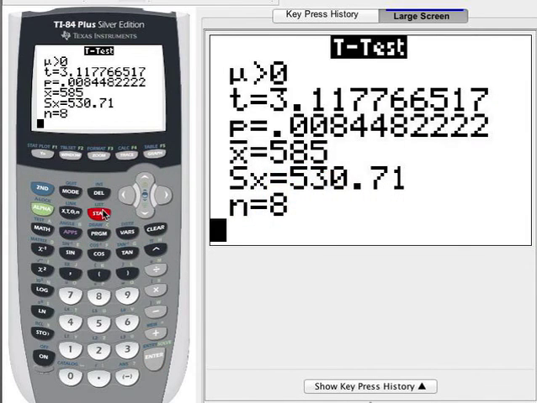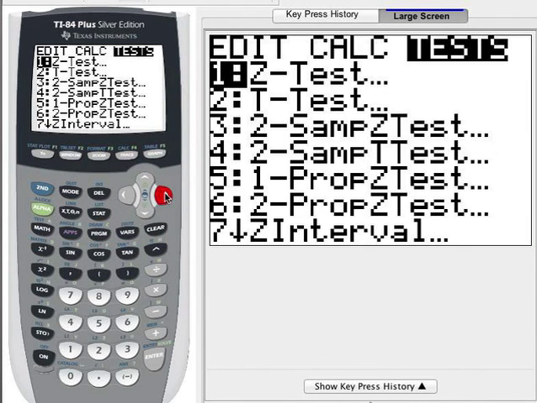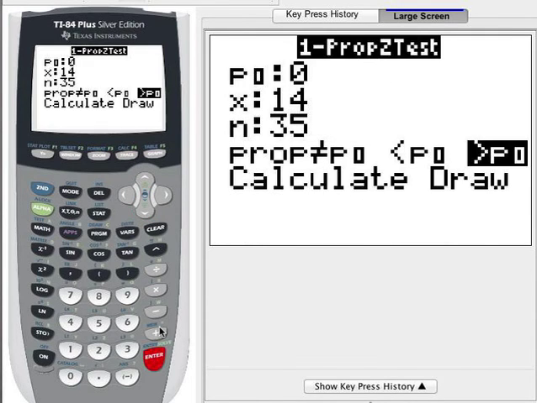So this test is a one proportion z-test. Our null hypothesis value is 0.1. If you go back and look at the question, 62 out of the 481 respondents said they were looking for housing on campus.